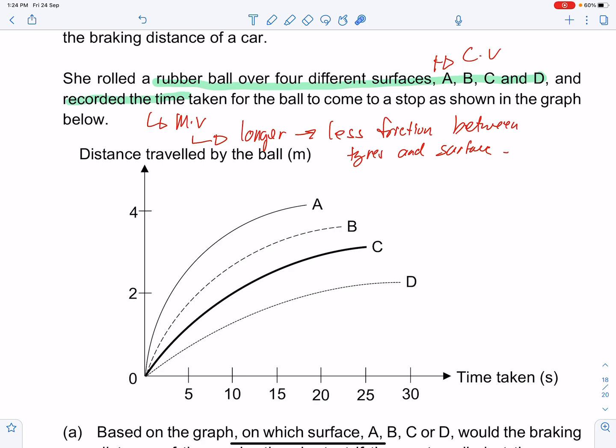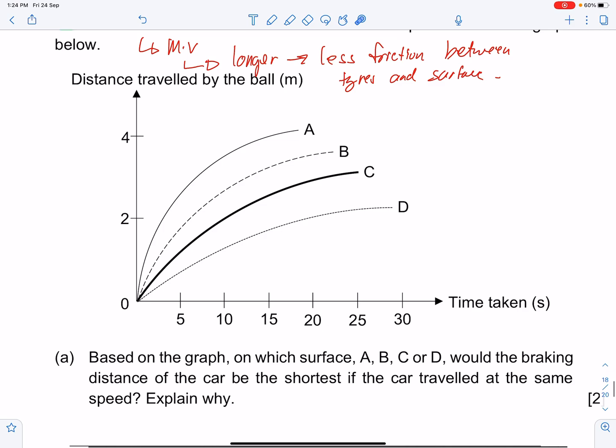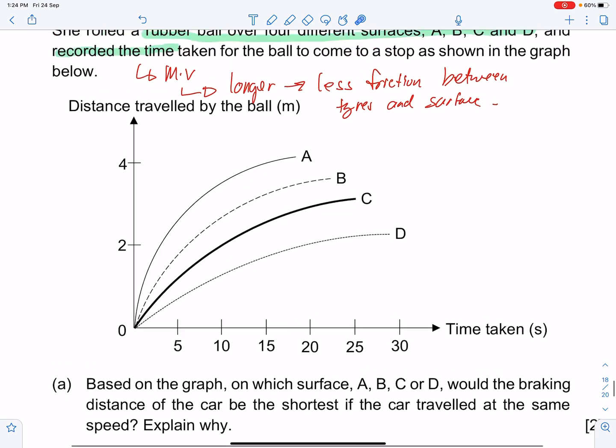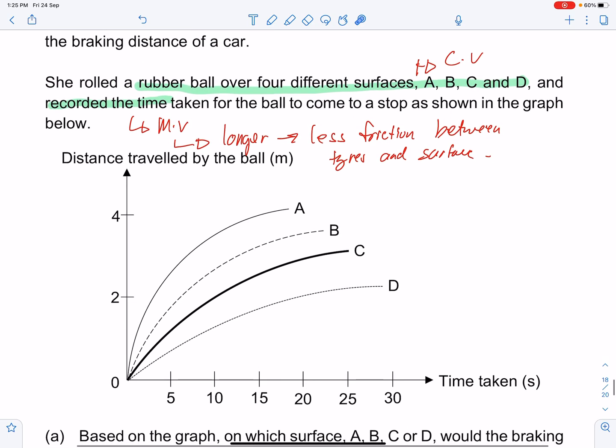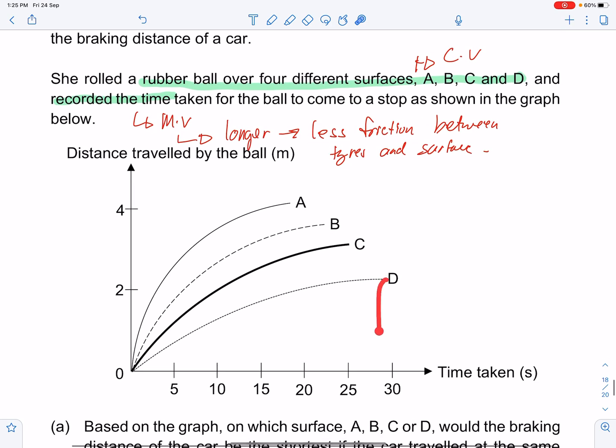But when I compare it to D, wow, D basically took the longest time, and traveled the shortest distance. So this tells me that because it took the longest time, the friction in this case would be the greatest. Right?